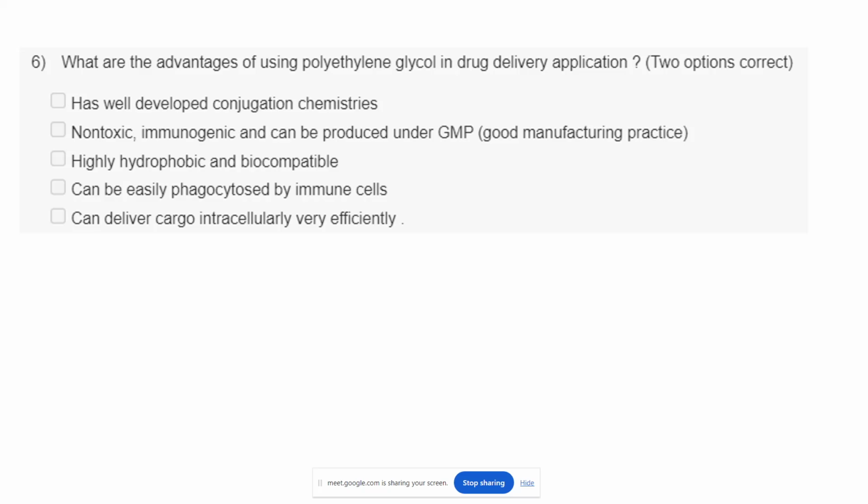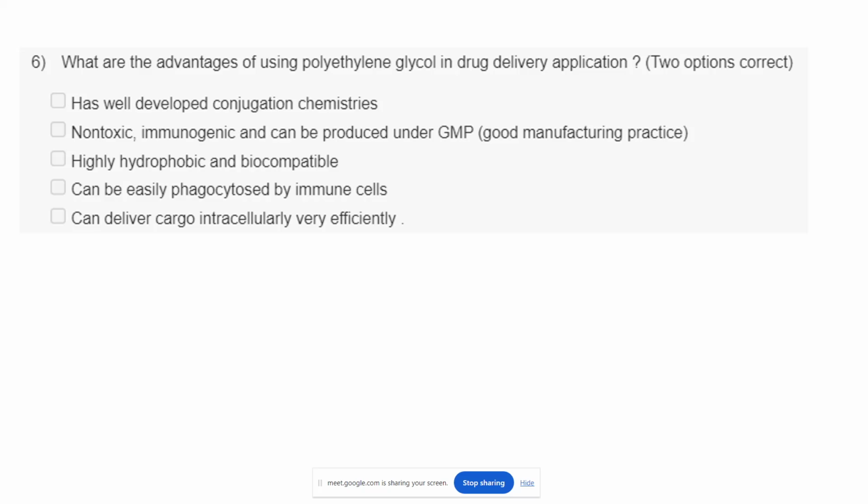Ma'am, option 1 and 2. 1 and 2. Anyone else? Option 1 and 2.